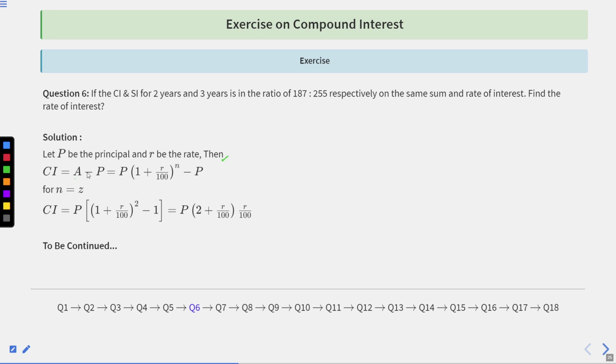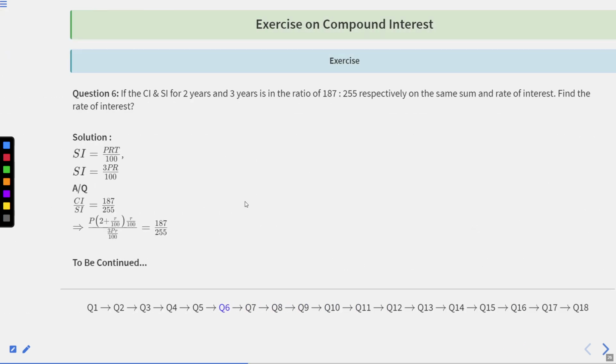Then compound interest is equal to A minus P, that is principal into (1 plus R upon 100) whole to the power n minus P. So let us suppose n is equal to 2. So compound interest will be principal into ((1 plus R upon 100) whole square minus 1). So principal times (2 plus R upon 100) into R upon 100.